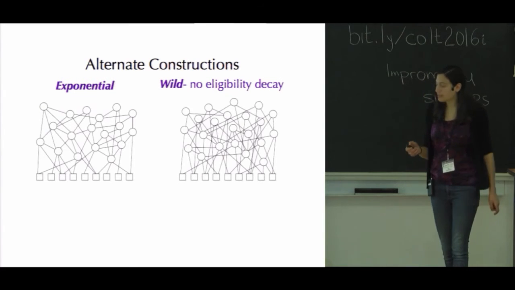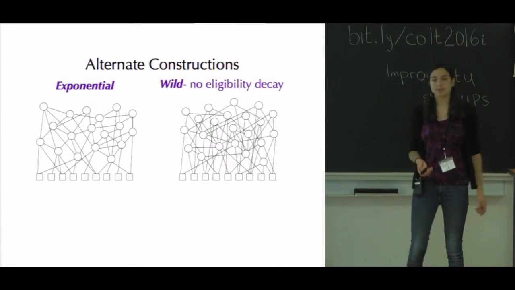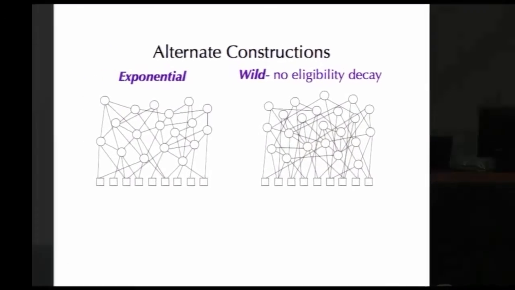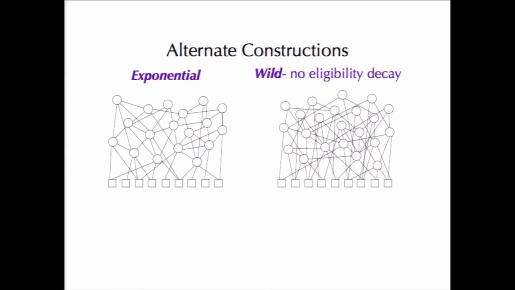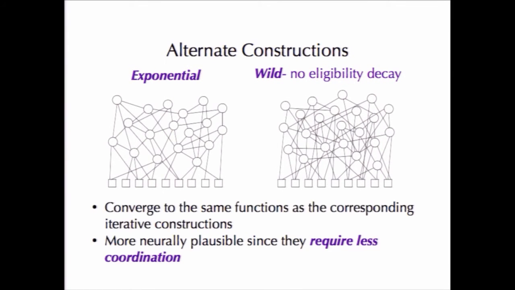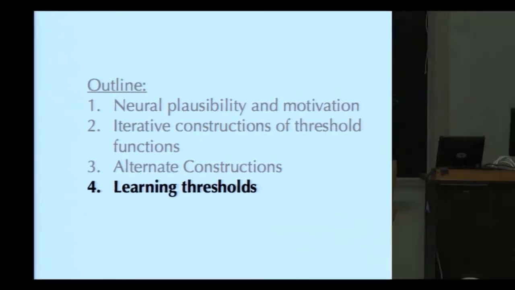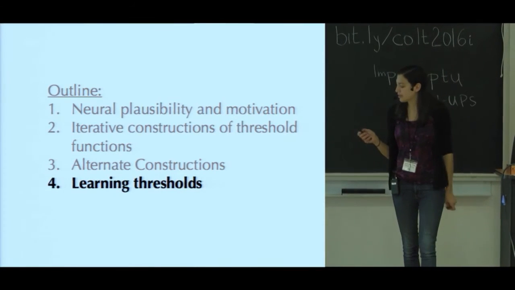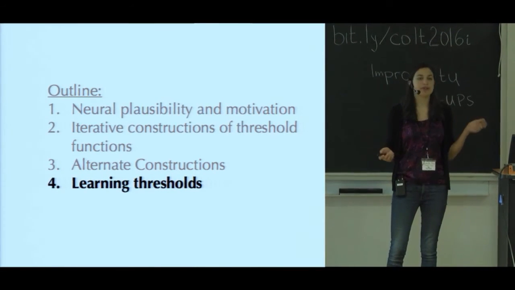And we also have the wild construction, which is the exponential construction with no decay, so each item is equally likely to be chosen at any point. Both of these constructions also converge to threshold functions, but they are more neurally plausible because there's less coordination required.